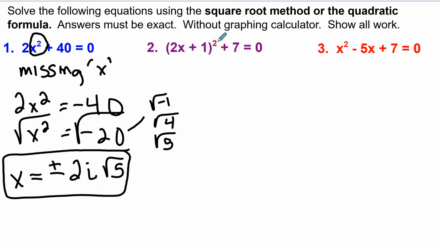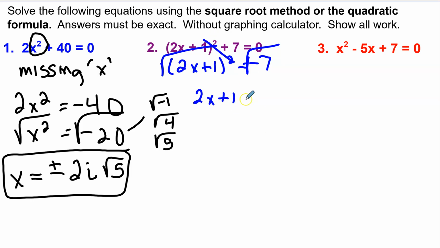This one here, I would also use the square root method over the quadratic formula. So I'd move the 7 over, so I'd have 2x plus 1 squared equals negative 7. And then I'm going to square root both sides. So I have 2x plus 1 equals i square root of 7. I'm going to bring that negative 1 out.